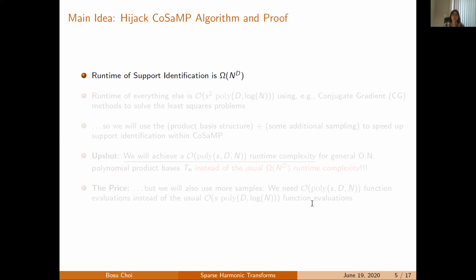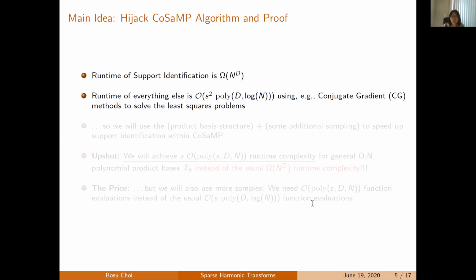Our technique is to make the existing CoSaMP algorithm faster. In the CoSaMP algorithm, the support identification procedure is the most costly part. Its runtime is n^d. After that, we need to estimate the coefficients.